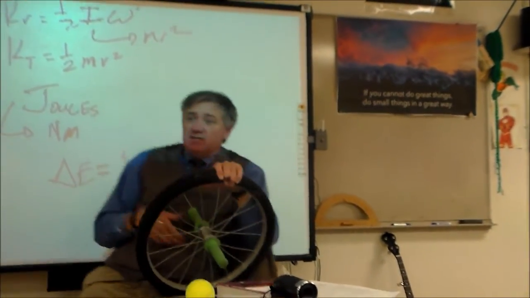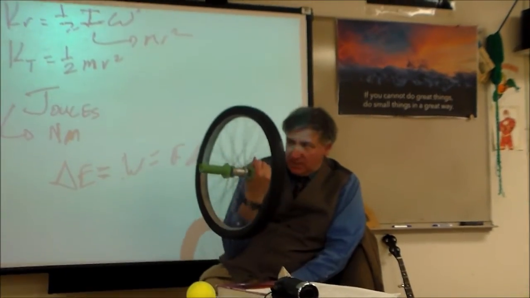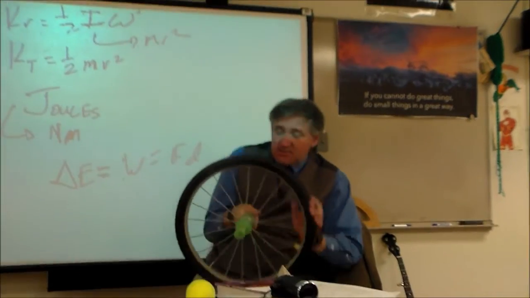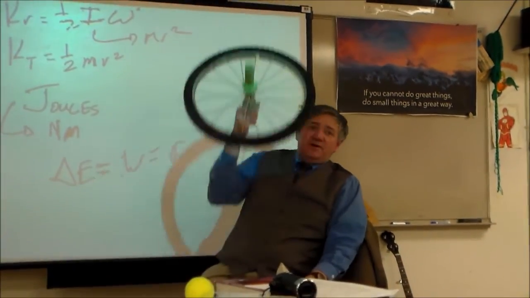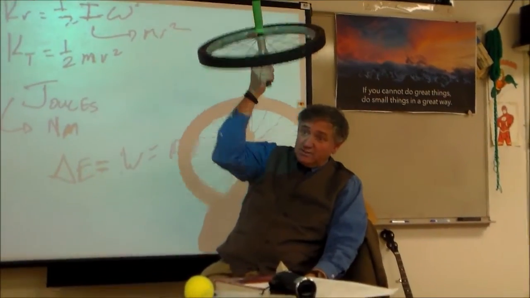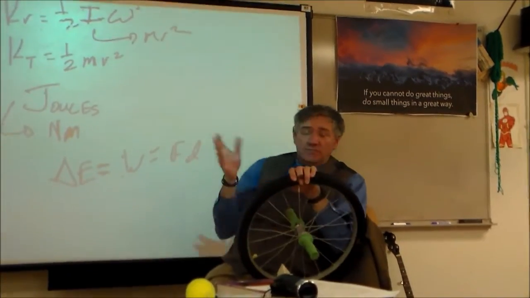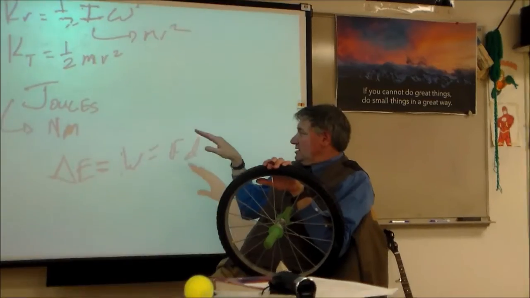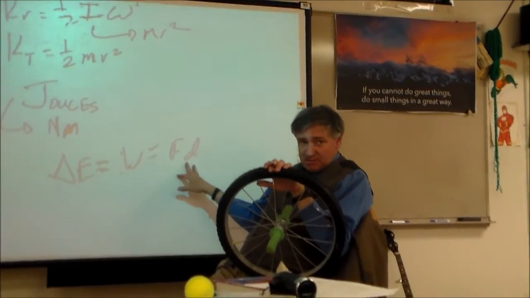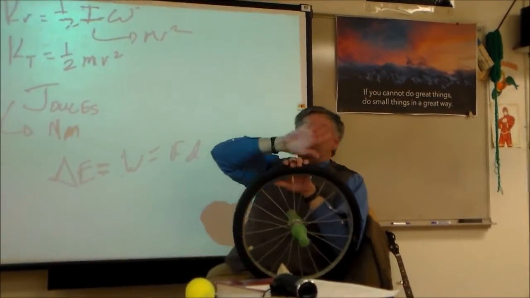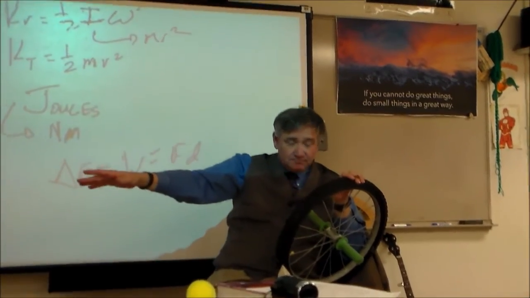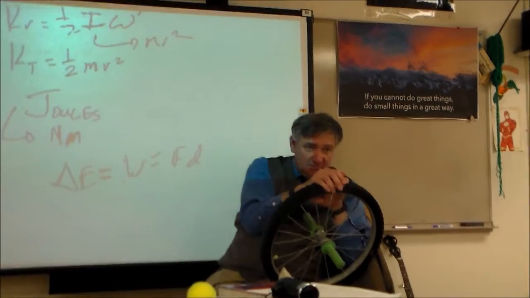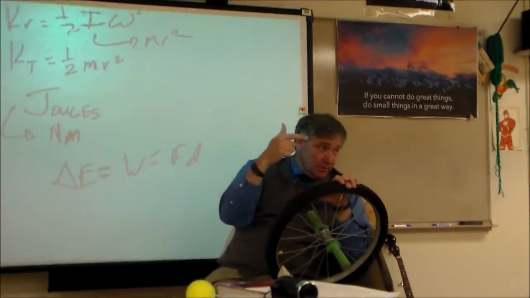That change in energy could be a change in rotational kinetic energy. It could be a change in translational kinetic energy. I could lift it up and change gravitational potential energy. So no matter what, the broad idea of work is that it can be some force through some distance, or the broader idea is that work is a change in some type of energy. Keep that in mind when we deal with this.